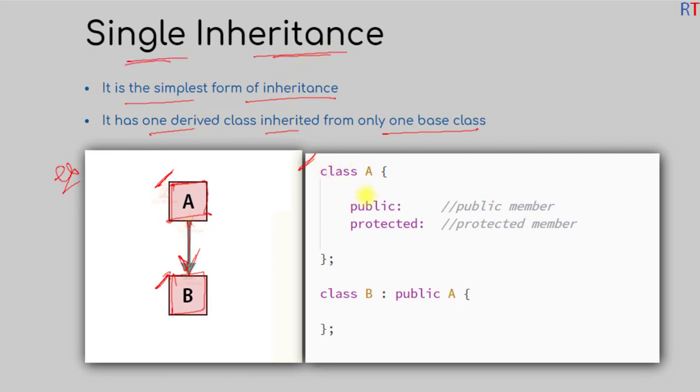Like here we have one class A which has its own class members, and then we have created one class B public A, and this way we are inheriting the property of the parent class in the child class B. And because there is only one parent class and only one child class involved in the inheritance process, that's why this is one example of the single inheritance.